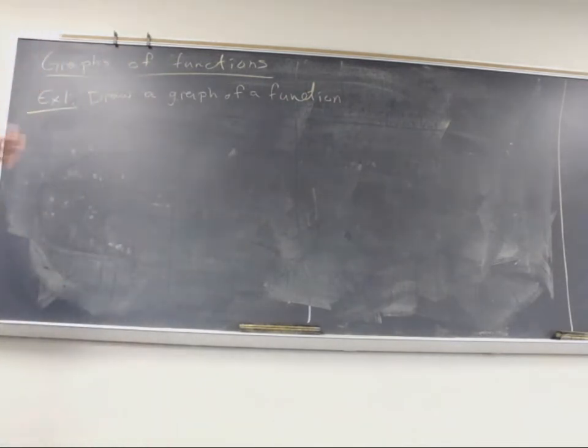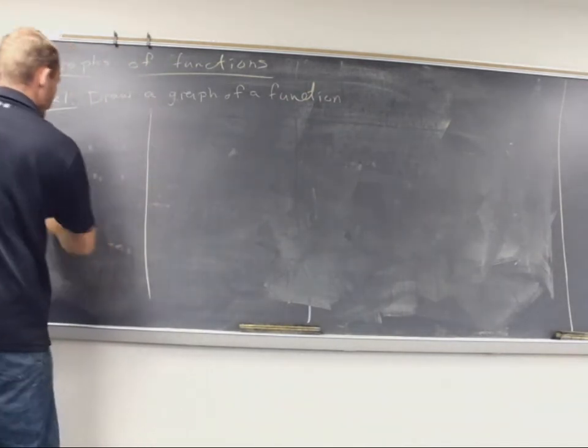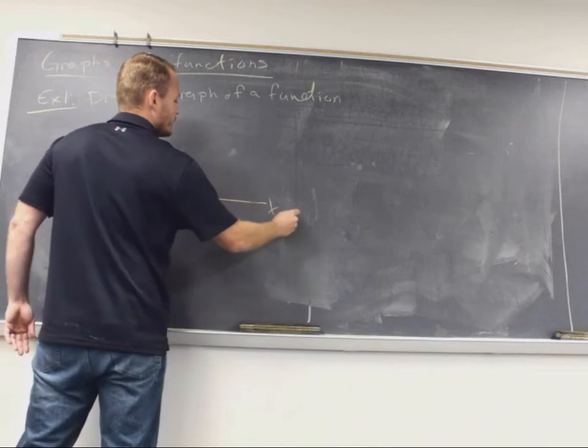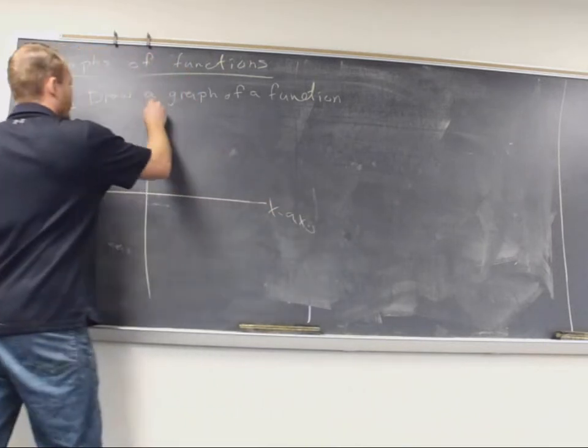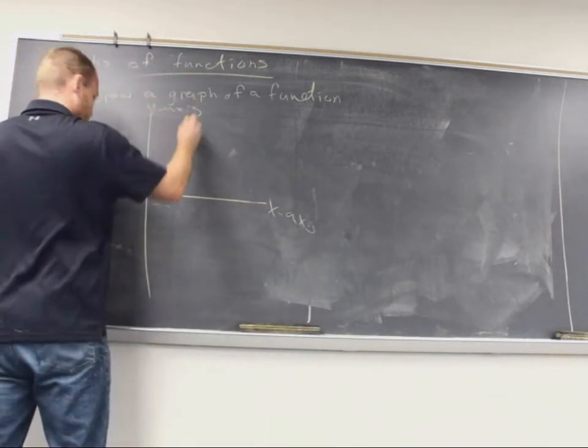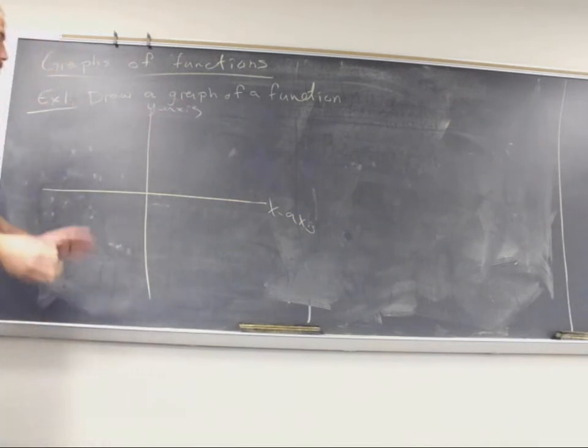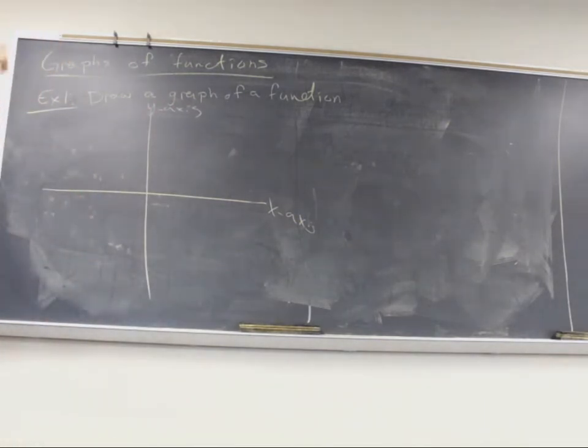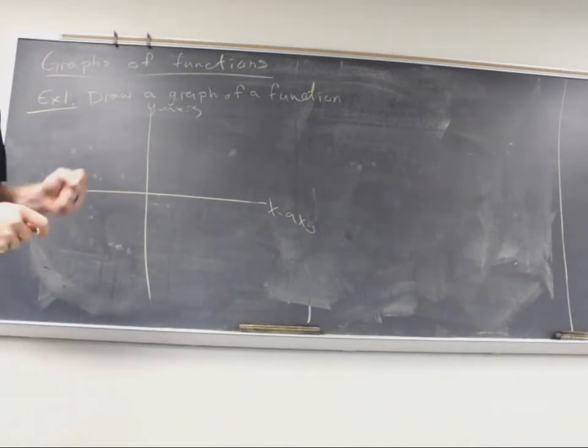So let's just draw one together. See where we wind up. Here's the x-axis and the y-axis. And now I want to start putting points on this, and I want to start connecting the dots, drawing my graph. I have to keep in mind I want this to be a function. I want every x value to have exactly one y value.